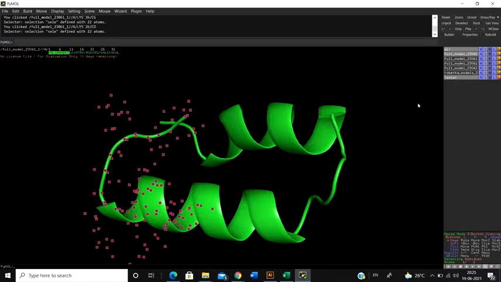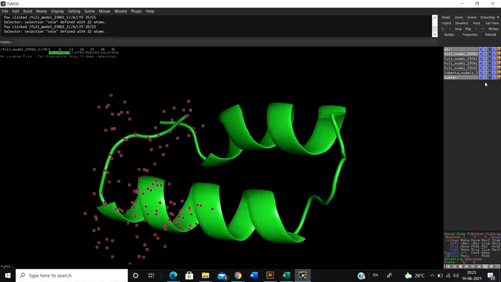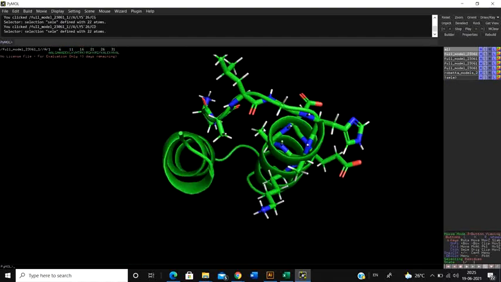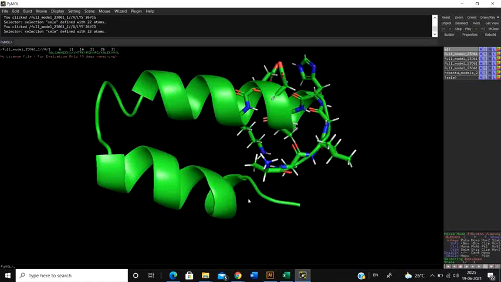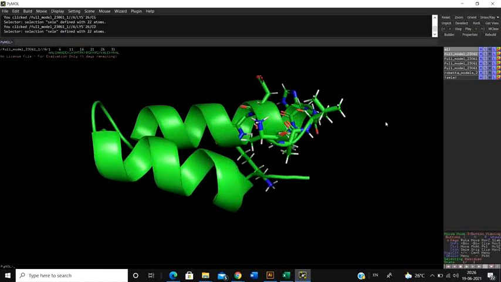If I select a particular portion, it gets highlighted as sele. SELE is a short form for select. That means these are the amino acids that I have selected. Now if I click on S between the select and click on sticks, see, only the amino acids that I have selected are shown in stick format, while the rest are not. That is sometimes required to analyze the structure.